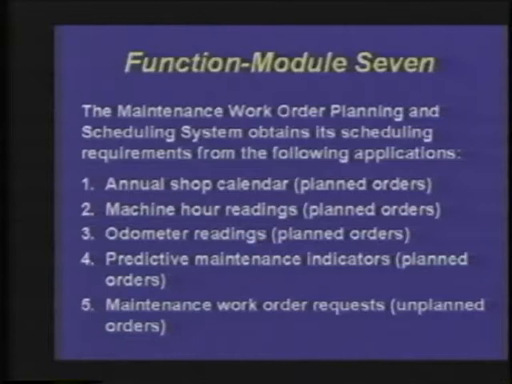Most of those readings can be coordinated with machine operators. And then item number 5 addresses the ability to actually schedule the unplanned maintenance work orders, which are actually a byproduct of maintenance work order requests.